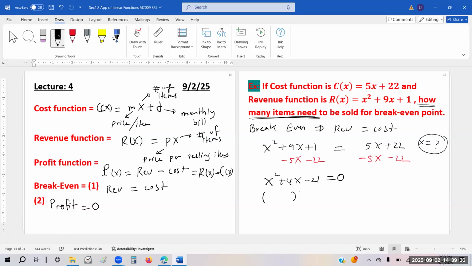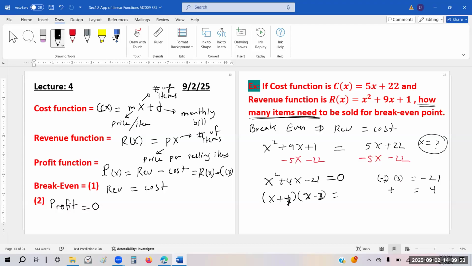Can you think of two numbers? When you multiply them, the answer is negative 21. When you combine them, the answer is positive 4. 7 and 3. So x plus 7 and x minus 3.